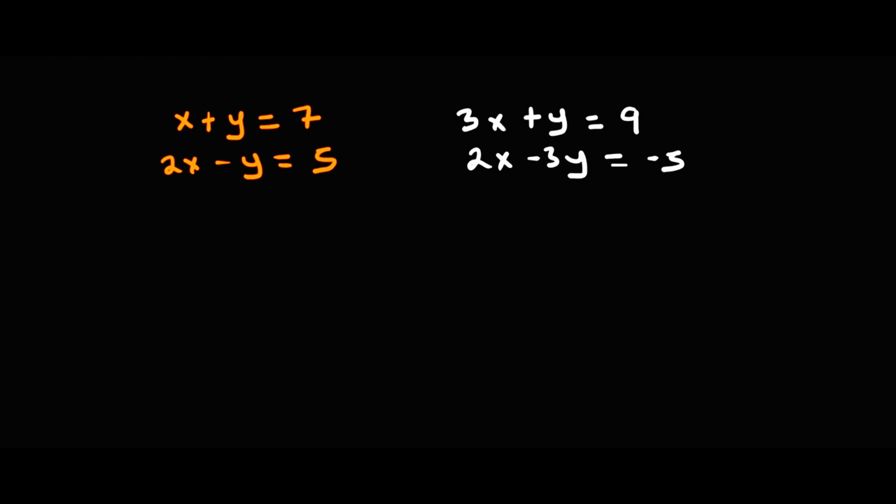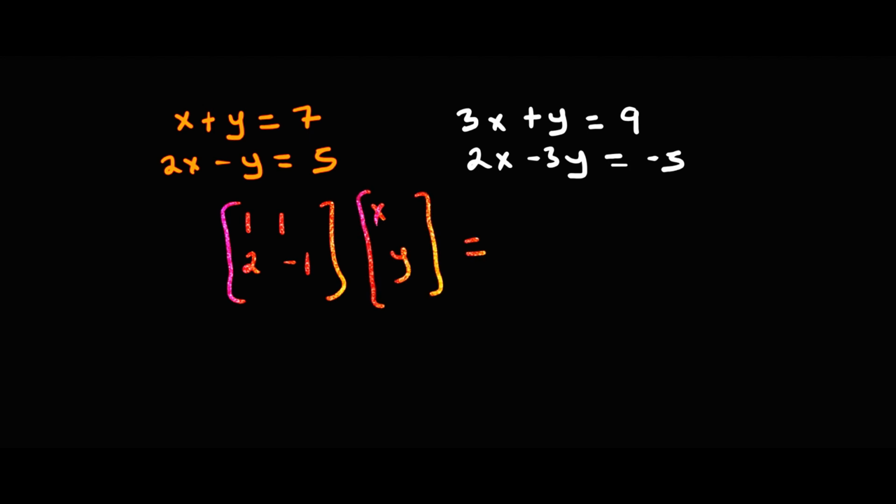So the coefficients will be 1, 1, 2, negative 1, then we have x and y, and that should be the same as 7, 5.